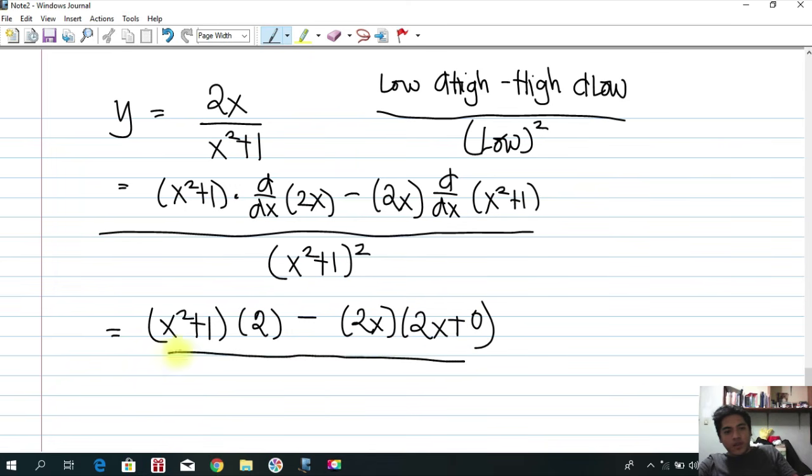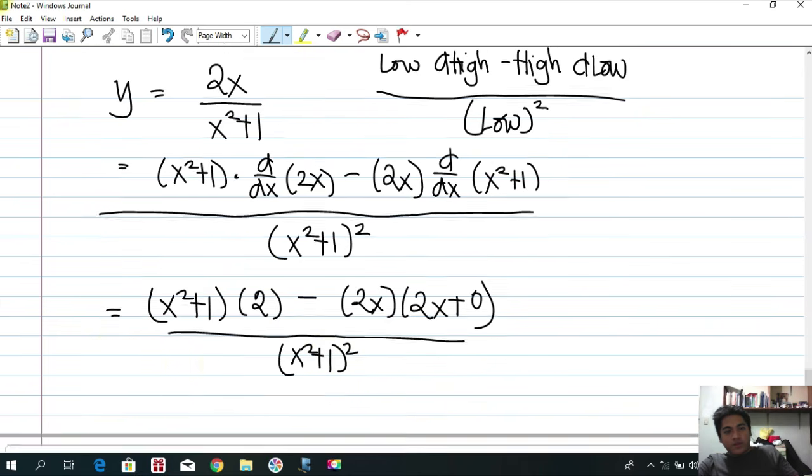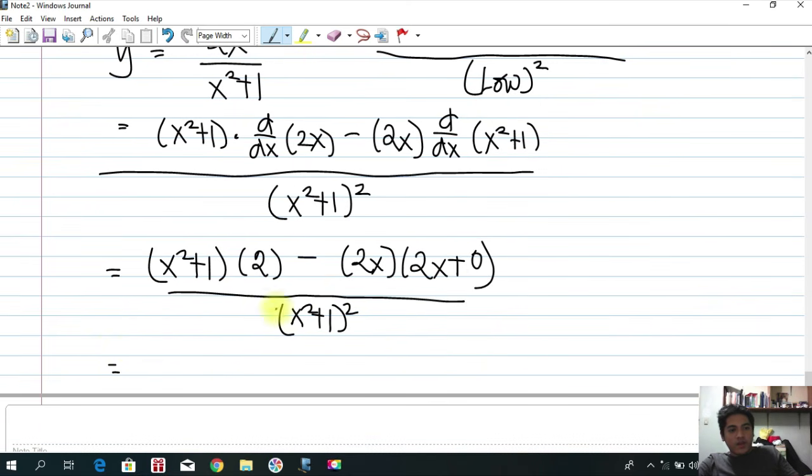So divided by still x squared plus 1 squared. So we have now x squared plus 1 times 2, that is 2x squared plus 2, minus 2x times 2x, that is 4x squared, divided by x squared plus 1 squared.